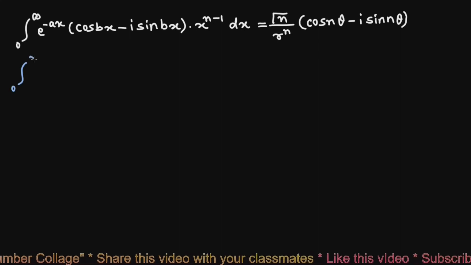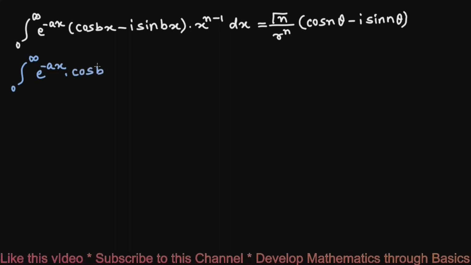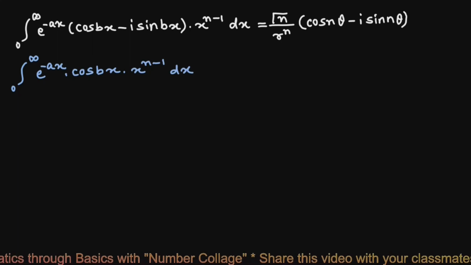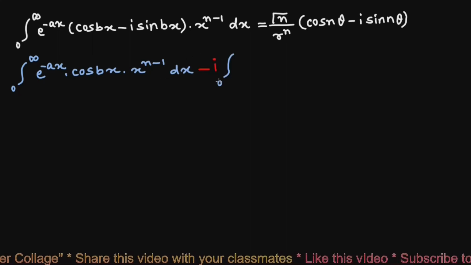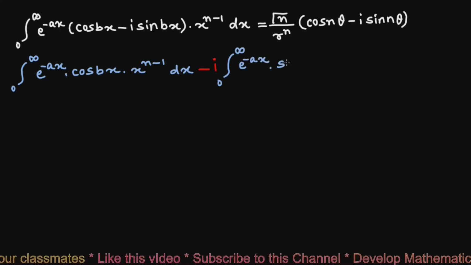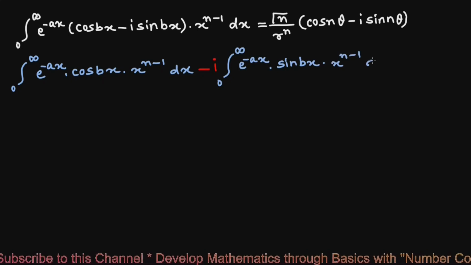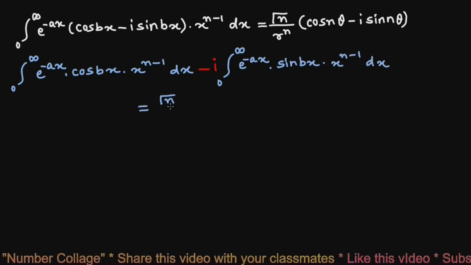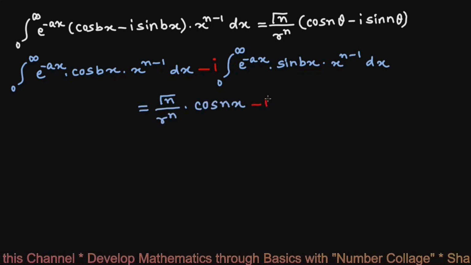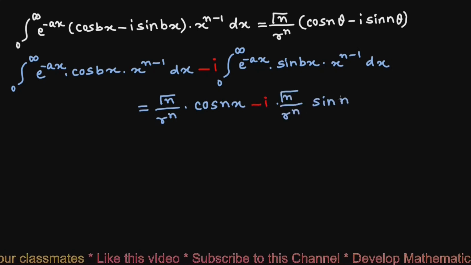Integral from 0 to infinity of e raised to minus ax into cos bx into x raised to n minus 1 dx, minus i times integral from 0 to infinity of e raised to minus ax into sin bx into x raised to n minus 1 dx equals gamma n upon r raised to n cos n theta, minus i into gamma n upon r raised to n into sin n theta.